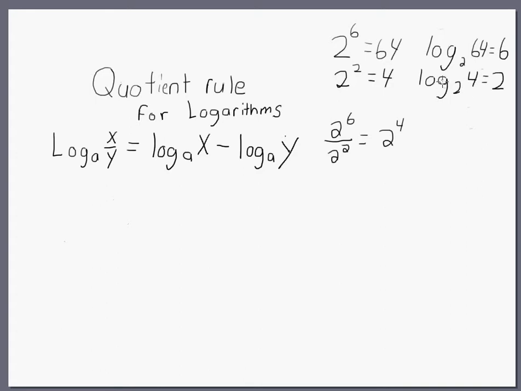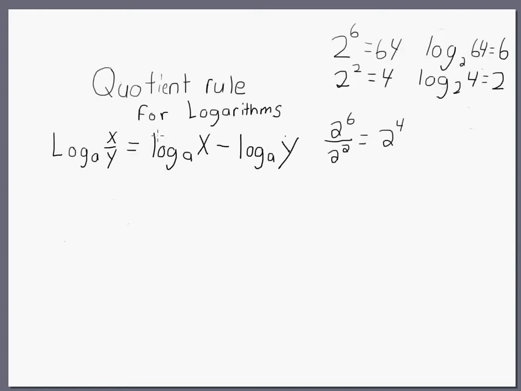You'll probably get tired of hearing me say this, but as you can see, this entire side, log base 2 of 4, is an exponent up here. So this really equals that exponent, which, if you keep that in mind as we look at the quotient rule, might make it seem a little bit easier.